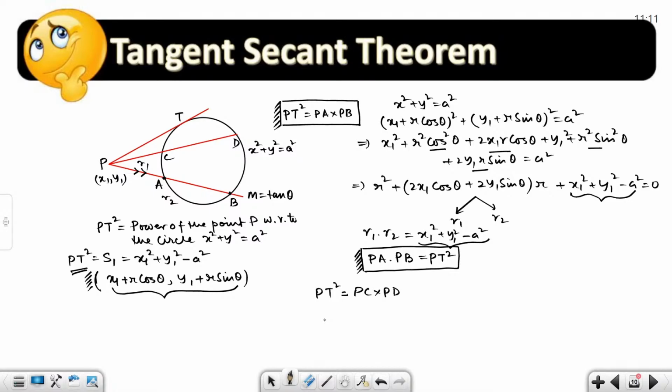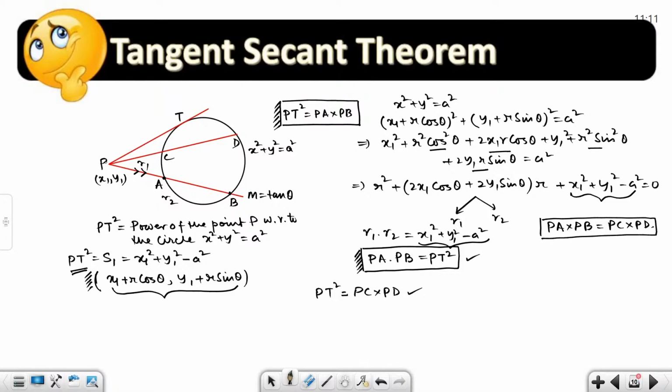Tell me yes or no? Now, if you compare these two equations, what we can see? We can see that both are equals to PT square. So I can write PA into PB will be equals to PC into PD. This is also true for every case.